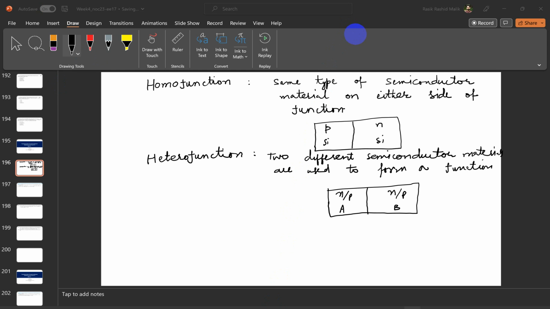In the case of heterojunctions, the two materials will have different energy band gaps.